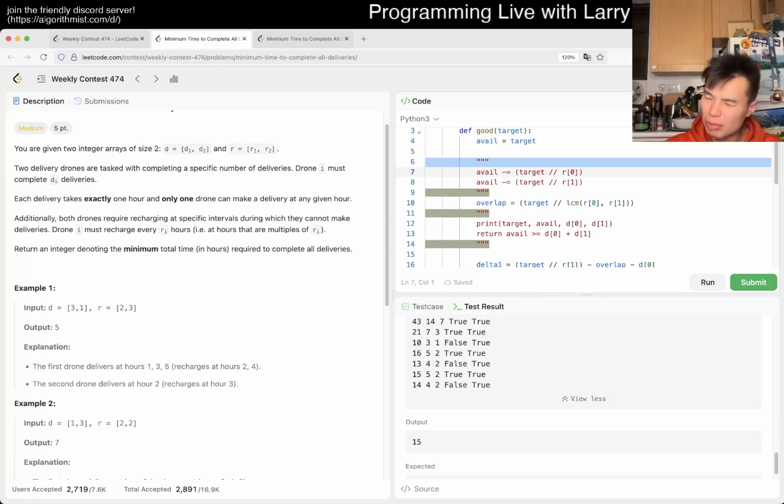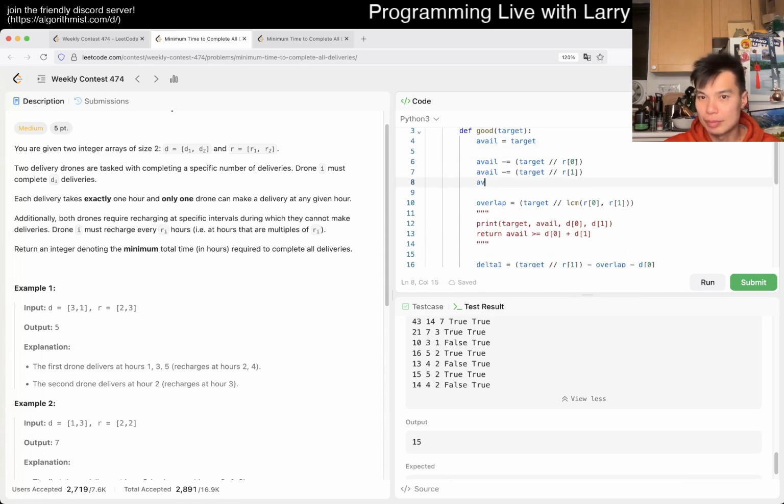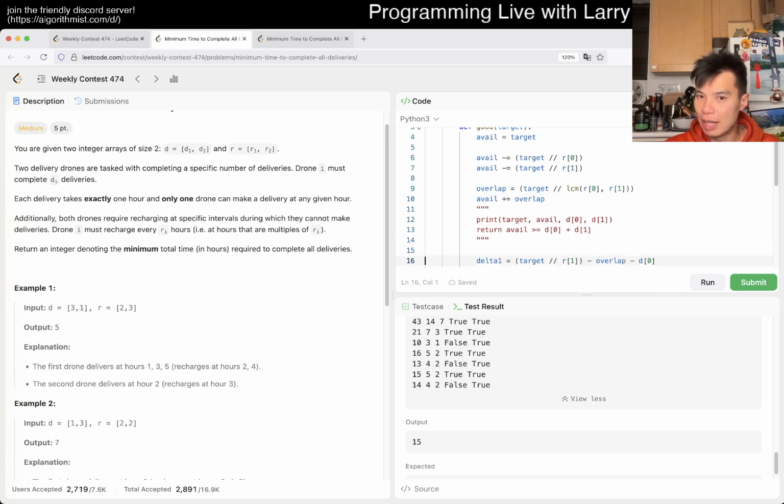So what is available now is the days that have no overlaps, I think, right? Or these are the days that have no association with either day.